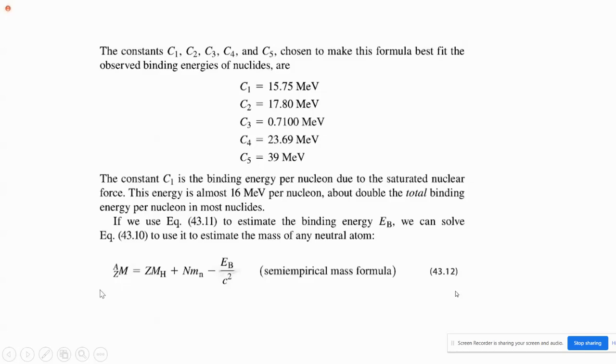Theoretically plus, C1, C2, C3 values are calculated experimentally. So with these values, this formula is called the semi-empirical mass formula.